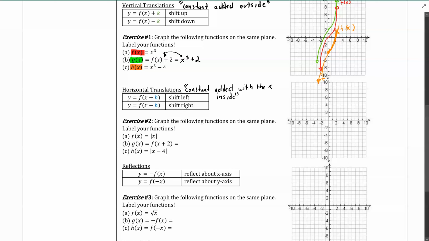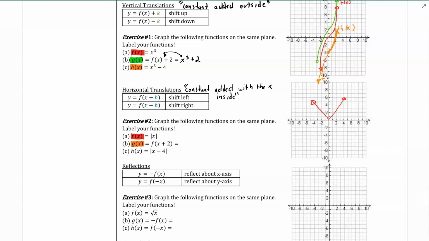So taking a look, we have f of x equals the absolute value of x. So again, I'll use red, and then I'll graph the basic absolute value function. Now, g of x is f of x plus 2.